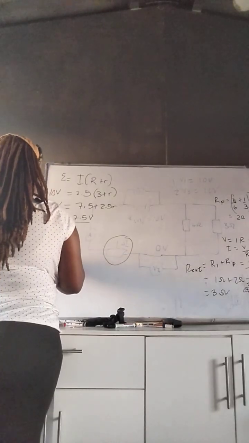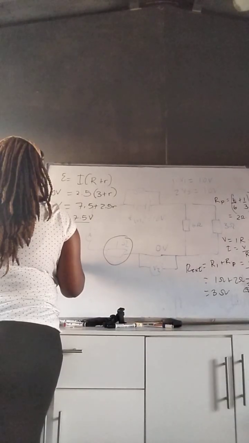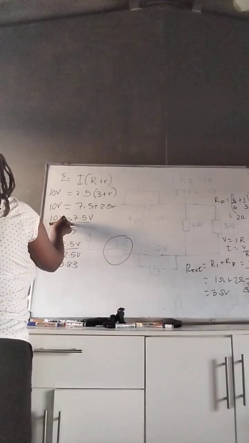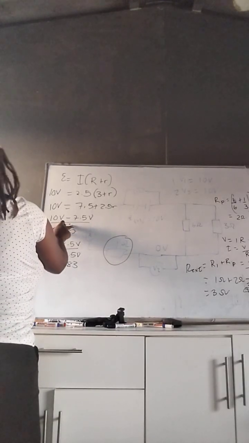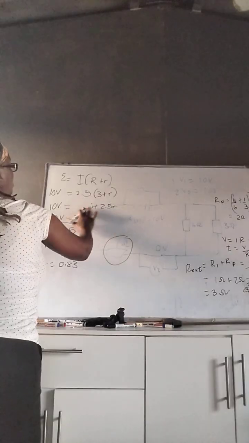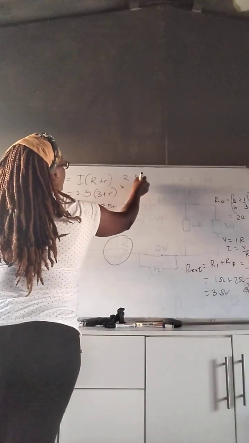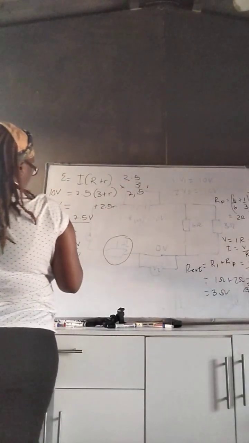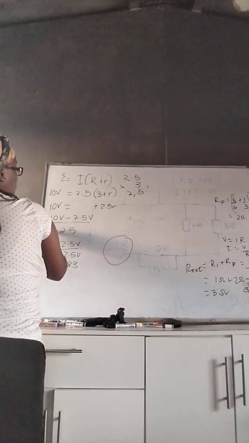So r is equal to 0.83, if you do the maths. It's 2.5 times 3, which is 7.5. So 10 minus 7.5.